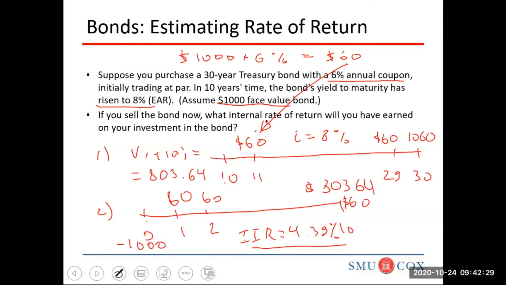It's just that in step number 1, we're calculating the value of the remaining payments in year 10 and after. That's why I drew the timeline starting in year 10, and then you get the first payment in year 11. And then in the last period, you get 1,060.